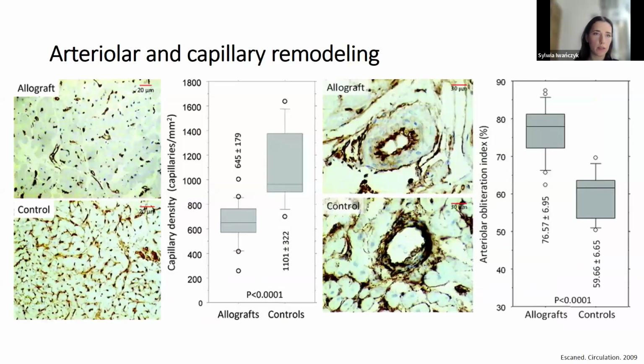So this is an example of type 1 microcirculation disease. Please appreciate on the left side that there is a decreased capillary density. So this is the first type of remodeling of microcoronary circulation.